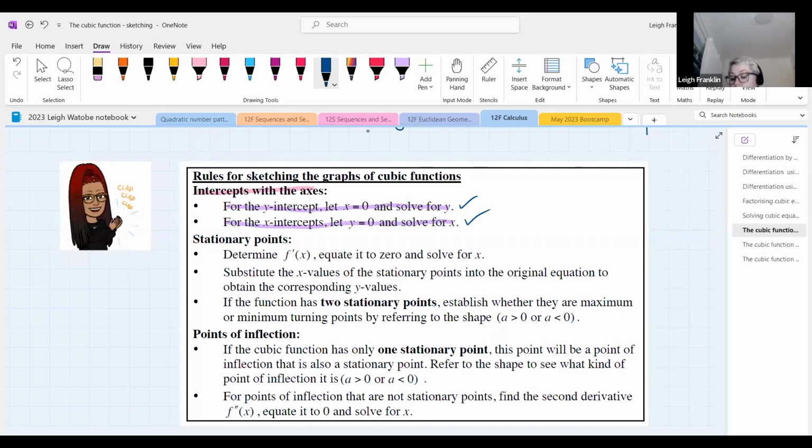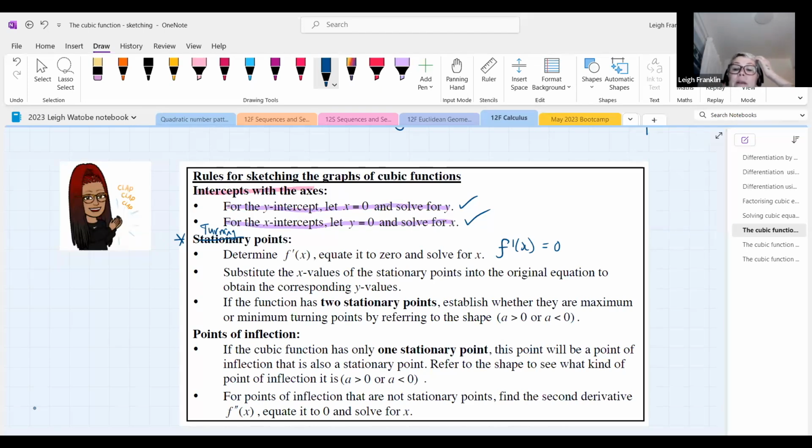What's really new for us is how we determine the coordinates at the stationary points. At your stationary or turning points, which is a better word, the gradient is 0. That's why they've said determine f prime x and equate it to 0.